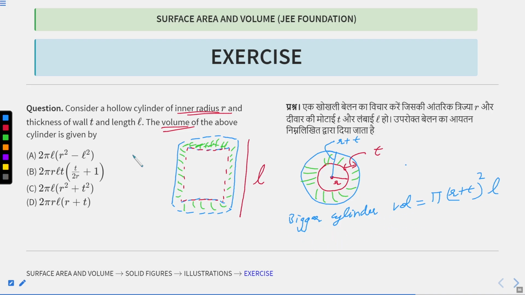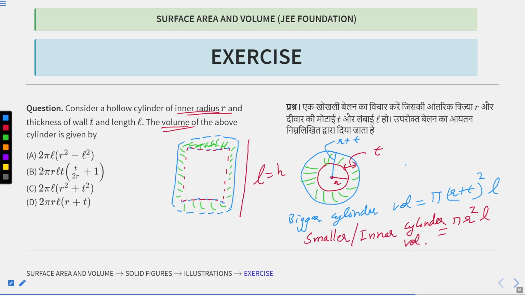Now the smaller cylinder volume, or the inner red cylinder volume, is pi, its radius is just small r, so pi r square h. H is my L, because the height of the cylinder remains the same in both cases.